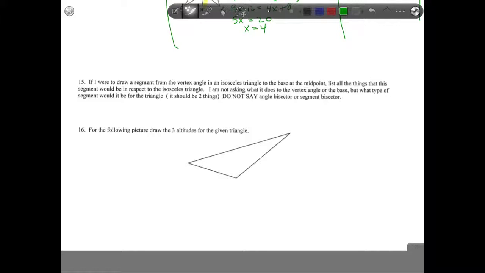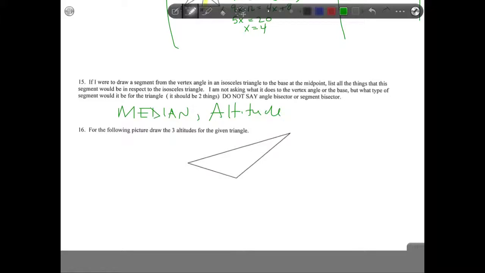I'm not asking what it does to the vertex angle or the base, but what type of segment it would be for the triangle. Well, the two things that it would be are median and an altitude.